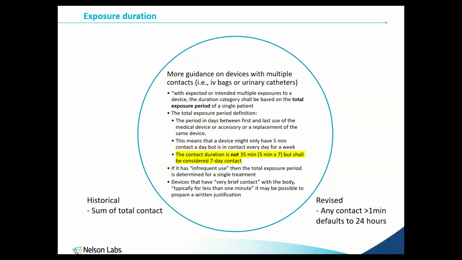So most people, let's say you had a delivery device for a stent, or some kind of catheter that was going to be in contact with the vascular system for, we'll use this real life example here in the standard, 5 minutes. And you can think worst case, they could do that once a day for a week. So most people would say 5 minutes times 7, that's 35-minute contact, and they would say, okay, that's limited contact.